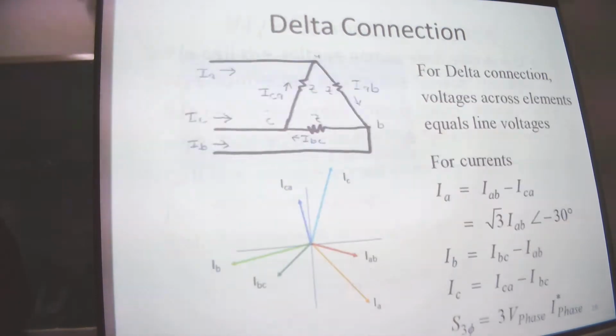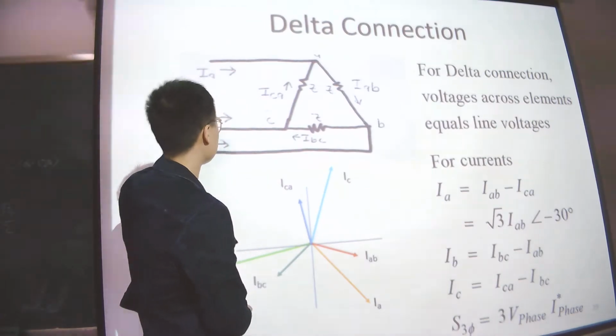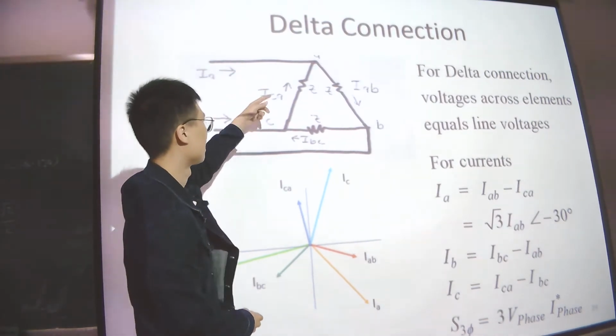So the delta connection, the triangle here. You can see this is a line, this line, this line.